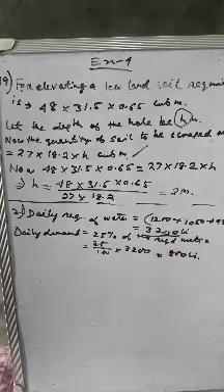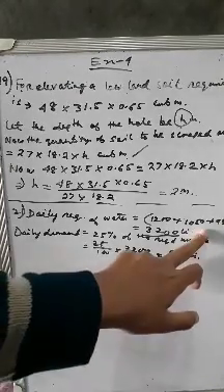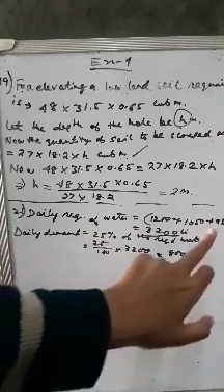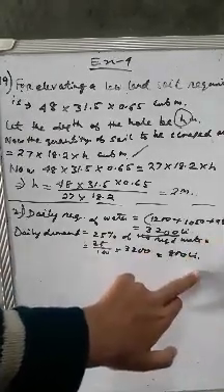Now students, see, the volume of the tank to be made is what? That means this plus this. The volume of the tank should be the summation of the requirement and the daily demand.